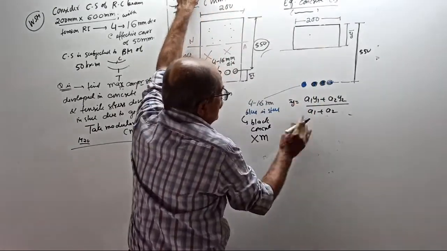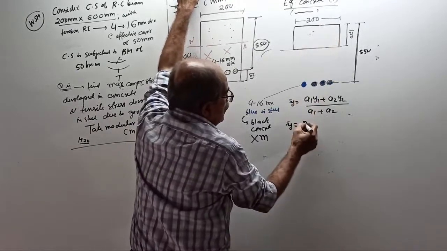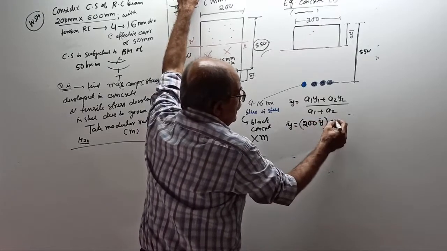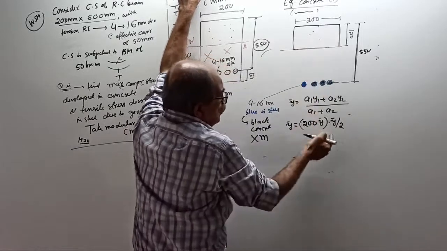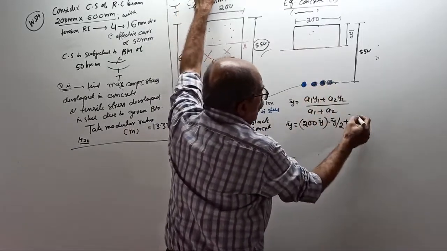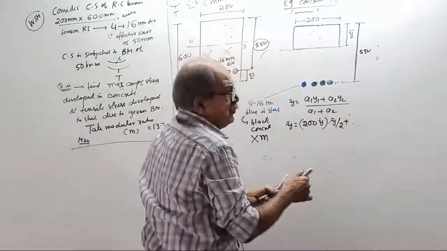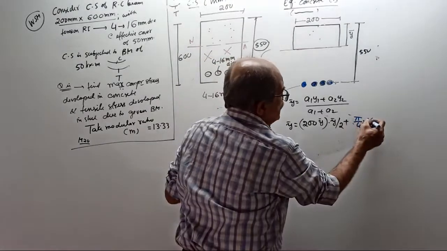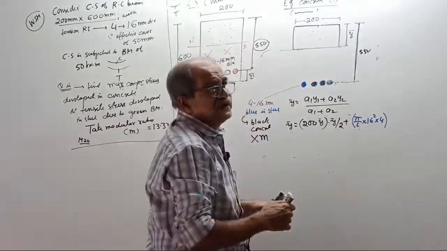Therefore, if I substitute, remember, any blue color you have to change to black. A1, how much? So y bar equals A1: 200 into y bar by 2, plus this area, pi by 4 of 16 square into 4. This is the area of the steel.